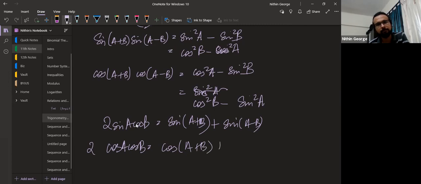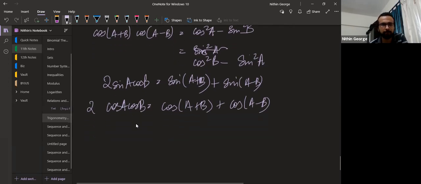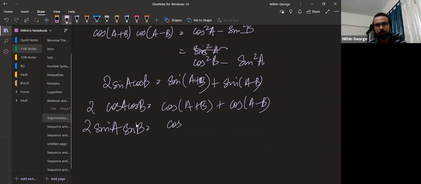Cos A plus B plus cos A minus B. Guys, just expand the RHS. That's the only deal here. Okay. What about the next one? 2 sin A sin B will be what? Cos A minus B minus cos A plus B.